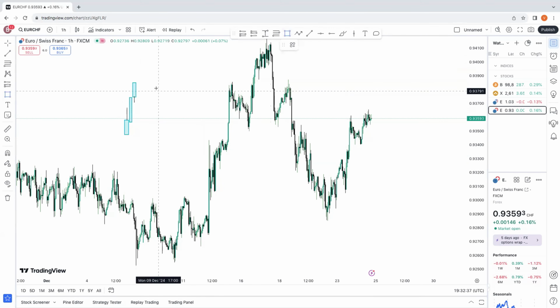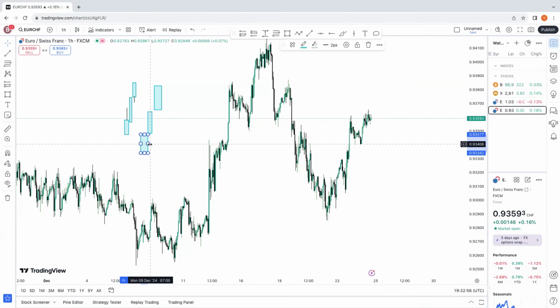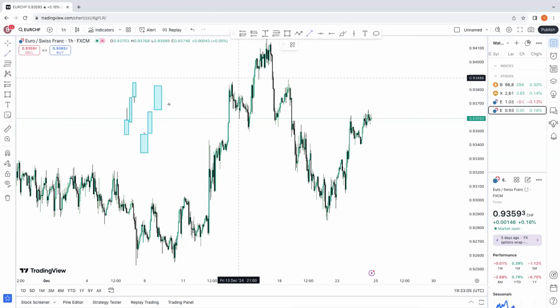But in a situation where you have a candle this way, another candle this way, and then another candle this way, right? Let's say you have candles like this. This is just a rough sketch, so pardon my drawing.